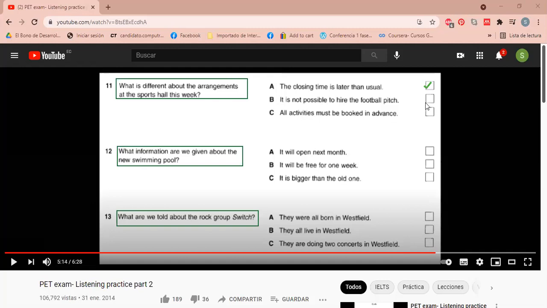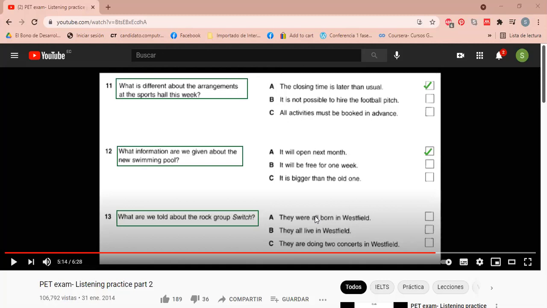It will be free for 1 week, or it's bigger than the old one. A, okay, A, I have A. Exactly, guys, you got the right one. It's going to be open next month. Okay, yes, you heard that right.